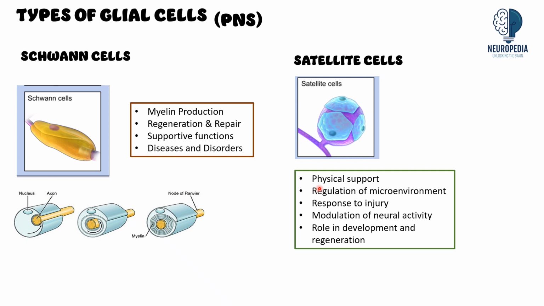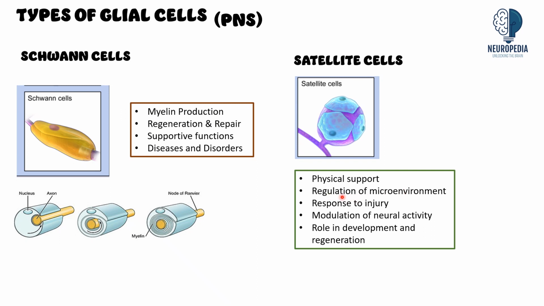So first, they provide physical support. These satellite cells provide physical support to the neuronal cell bodies within ganglia. They create a protective environment that helps maintain the structural integrity of the neurons.